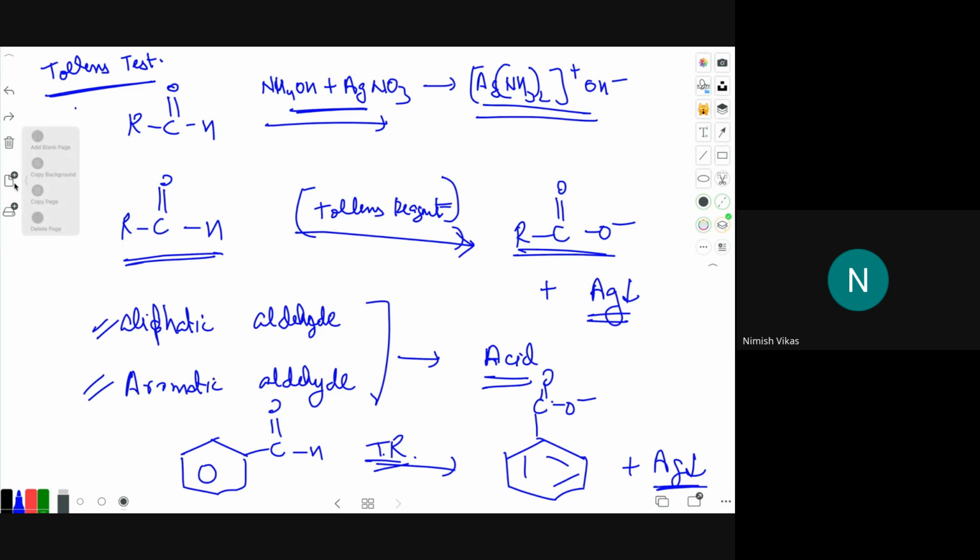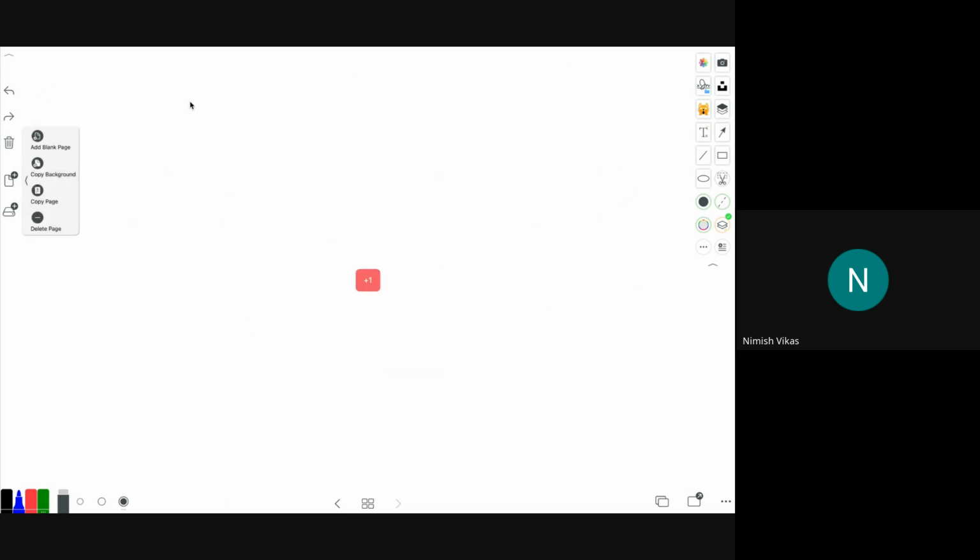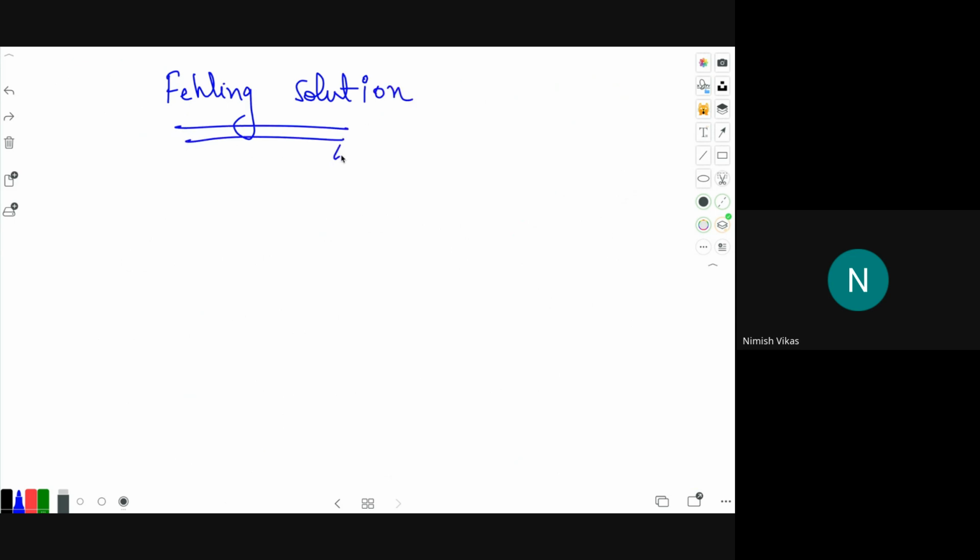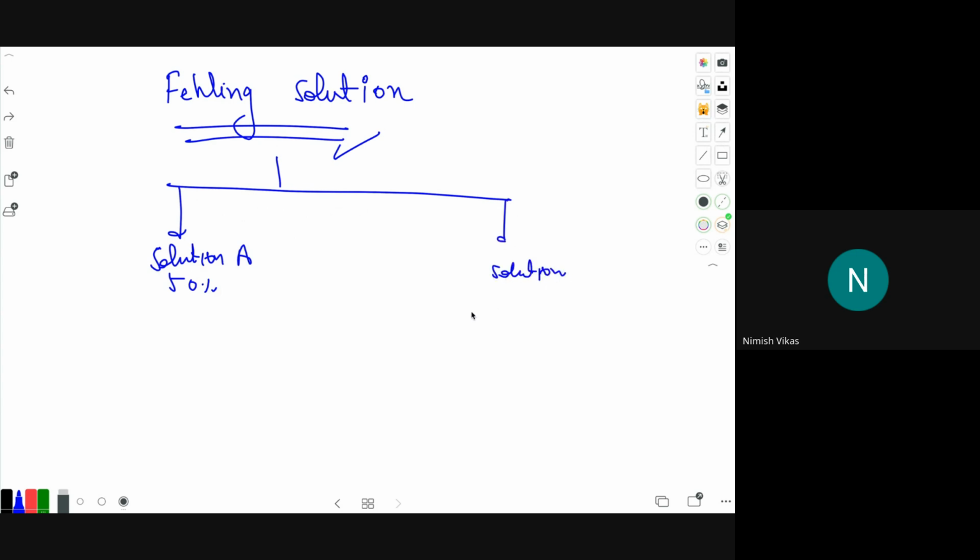Then we pick up Fehling's solution. What happens in Fehling's solution? We take two solutions. First, we have to make the Fehling's solution, right? How will we make it? By mixing 50% solution A with 50% solution B. We should also know what solution A and solution B are.